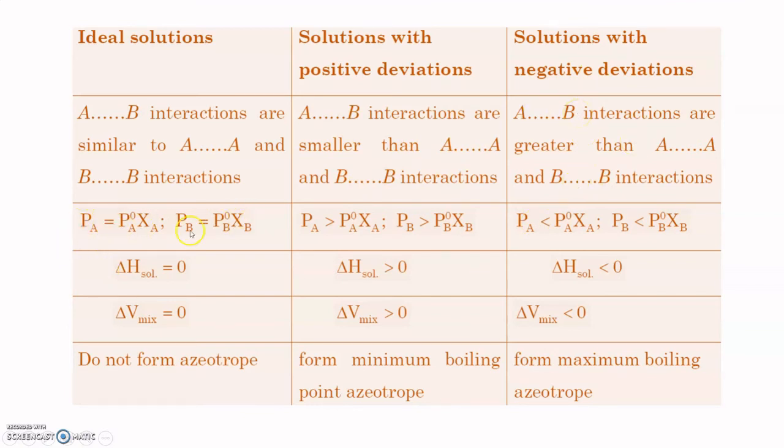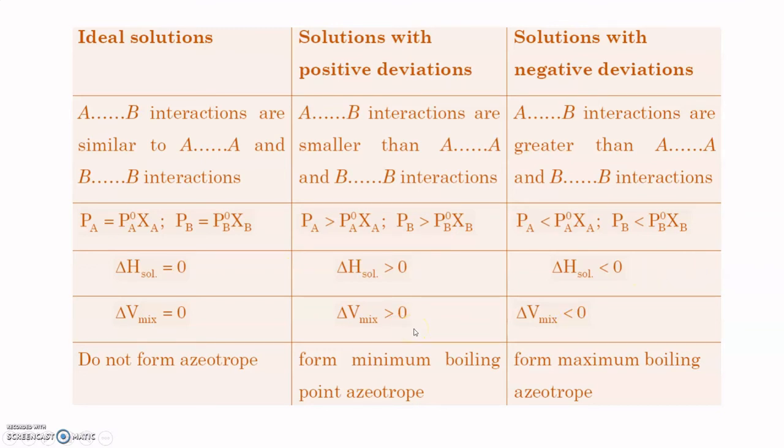And similarly, Raoult's law: PA will be equal to P naught A chi A, but for positive deviation, PA will be greater than P naught A chi A, and for negative deviation it will be less. The delta H solution, enthalpy of solution, will be 0 for ideal solution, positive for solution showing positive deviation, negative for solution showing negative deviation.